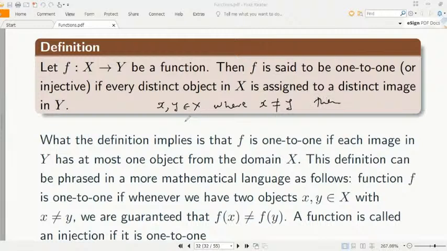The image f(x) can never be equal to f(y). These images must be different. That's what I've written here: a function f is one-to-one if whenever we have two different objects, we are guaranteed that their images, or outputs, will also be different.